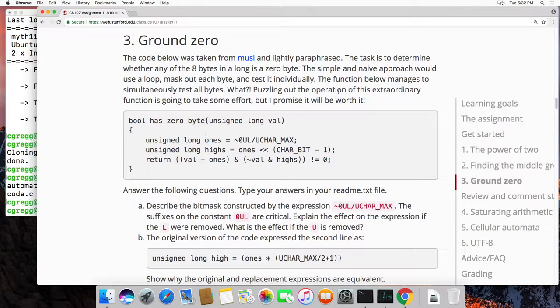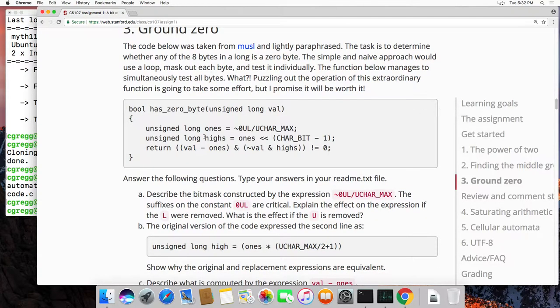In fact, it's significantly faster and uses some of these bitwise tricks that you can use. Do recall that if I take the complement of a number, it returns all ones, so that's something you might want to think about. And just remember what your bitwise operations do for shifting and for and so forth. Okay, so you're going to have to do some describing for that.